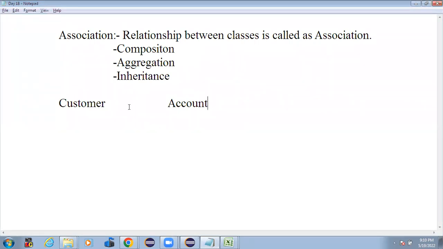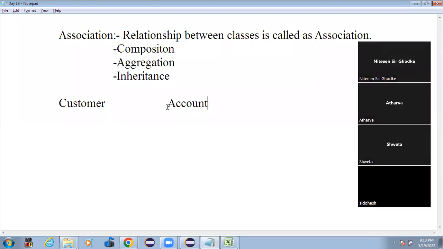Is there any relationship between a customer and an account, guys? Yes, there is a relationship. That means our customer has an account.